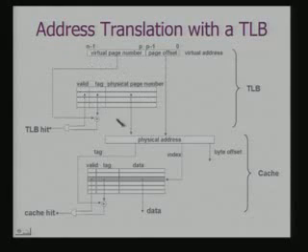Now, the system can follow a policy that it stores in the TLB only information about those pages which are currently memory resident. So, if I am accessing a page which is not memory resident, there will be a TLB miss, then I shall go back to the physical memory to get the remaining part of the page table to find out whether the page is really memory resident or not, and generate a page fault.